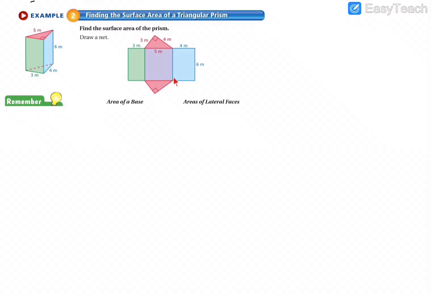Okay, so this right here is a picture of the net of this shape. Now you need to find the area of the bases and the area of the lateral faces. So this is where, again, we need to remember our area formulas. And the area of a triangle is 1/2 base times height.